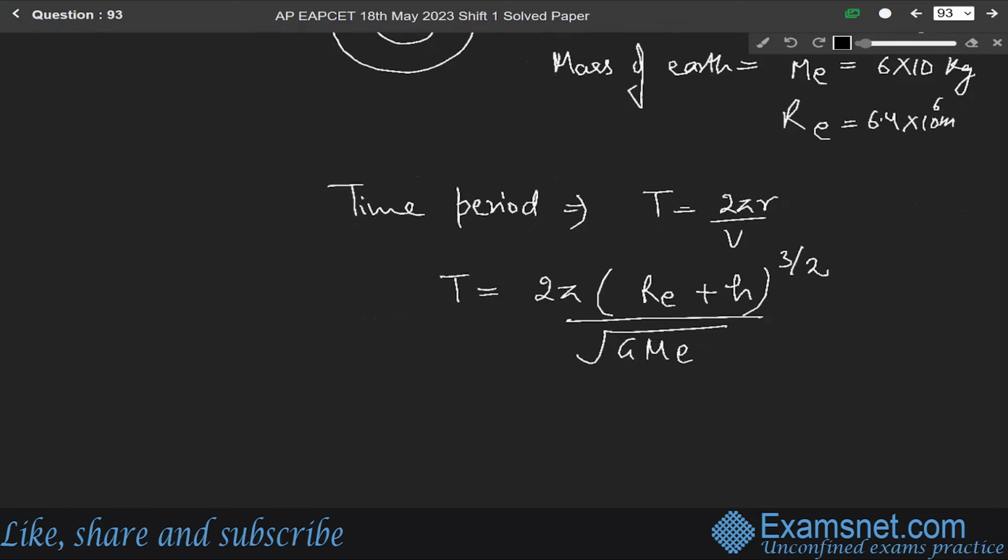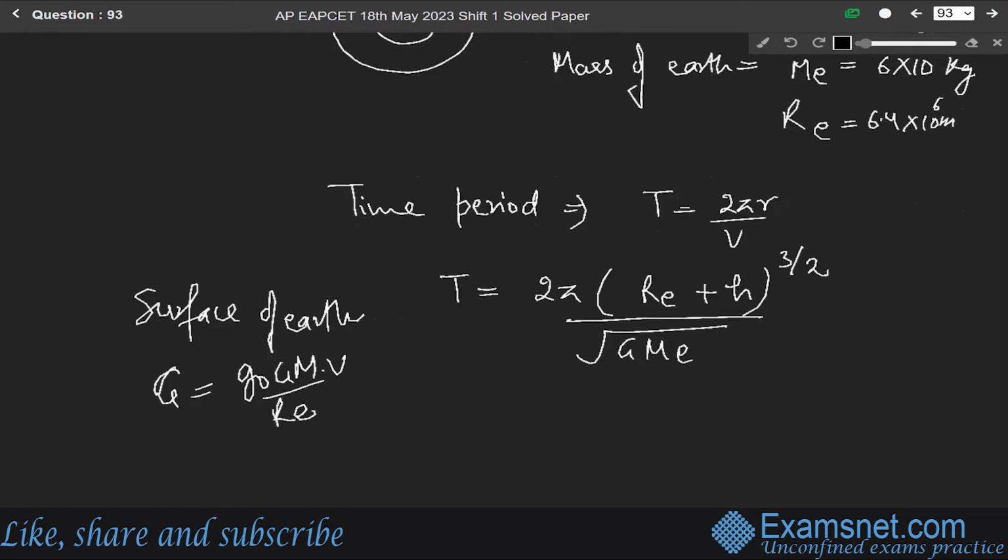Since we know that on the surface of Earth, the gravitation g will be equal to G ME over RE squared, from this we write G ME over RE plus H whole power 3 by 2.